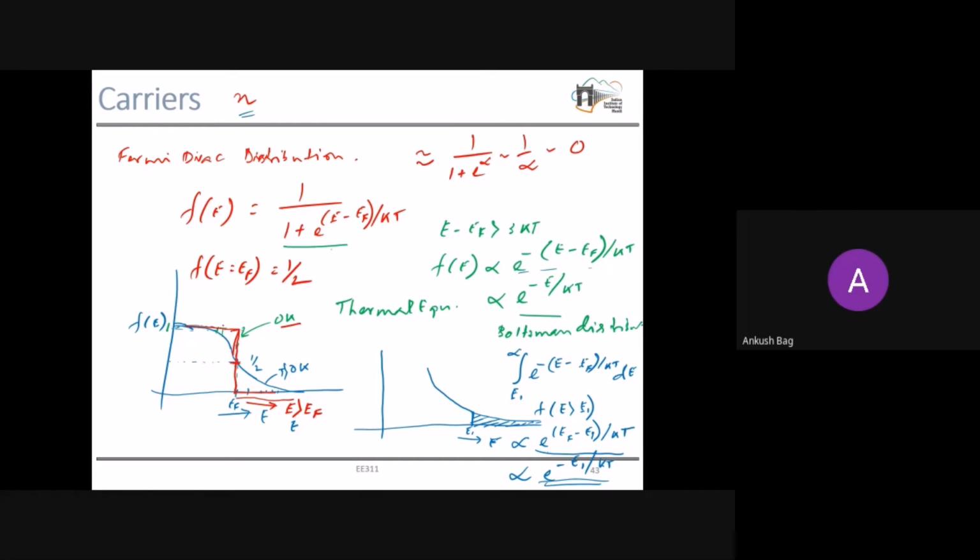But at the same time, when the energy is less than EF, what is happening?